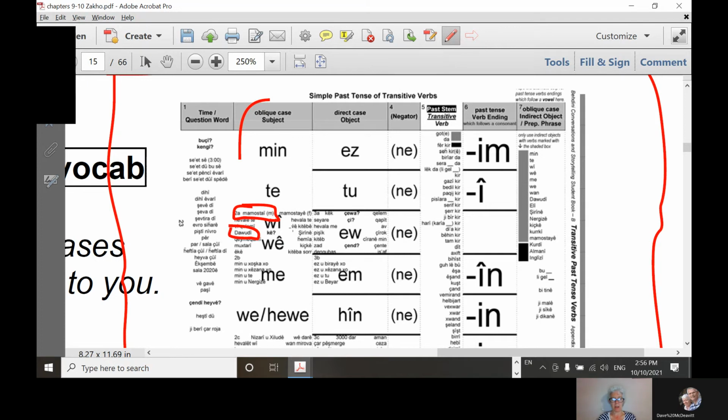If it's feminine, like Shireen, you're going to put that A ending on it. And then your object is in the direct case, unmodified. And most of your objects are going to come from this section right here, which means that you have to use the nothing.